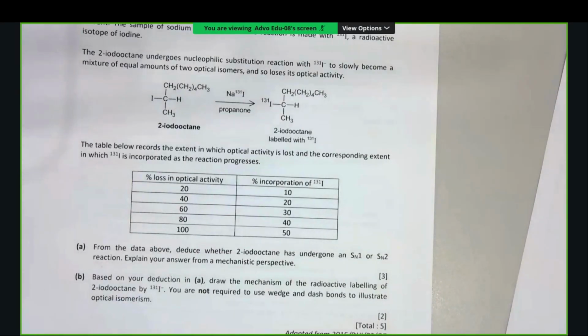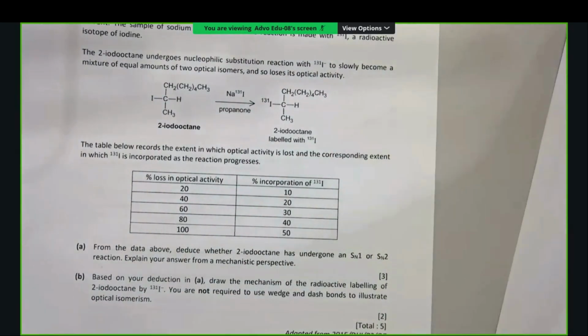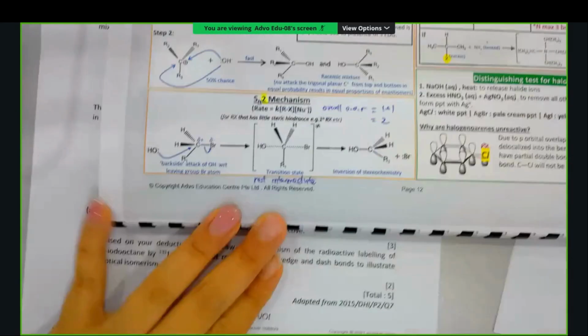But inversion is not a racemic mixture. What is inversion? It's like you just flip it. Initially, this group is over here, right? And then you flip it over. You imagine this is the umbrella, then you flip it over. That's all. That's called inversion.